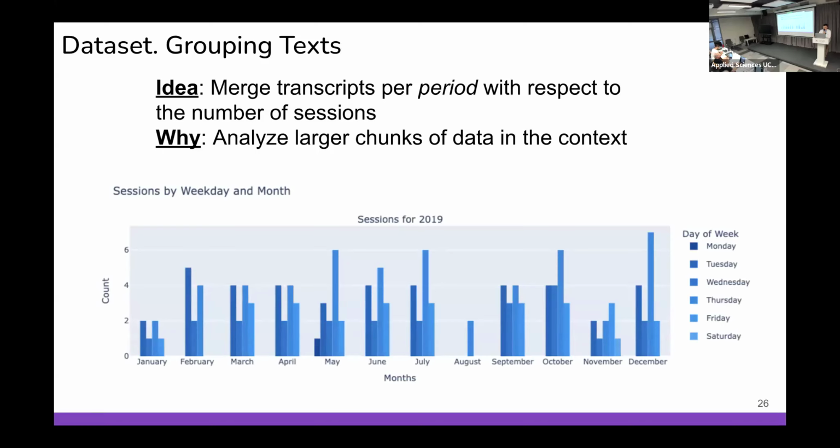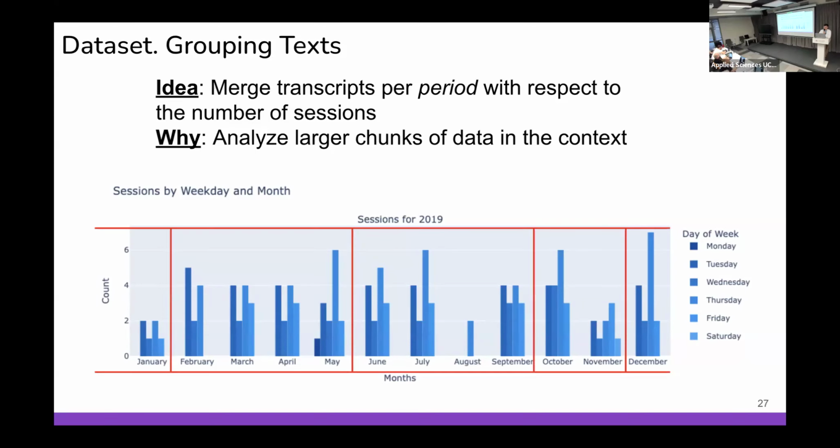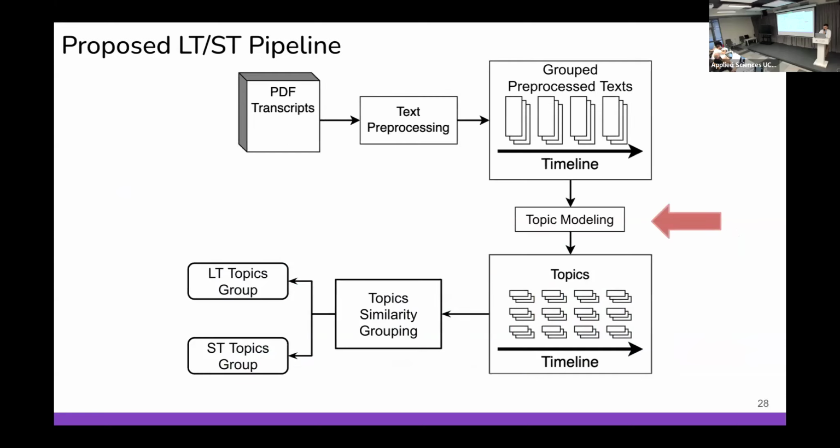And for example, in December, it was noticeable during all years that there is a bigger number of sessions due to ending the year and trying to finish all deadlines and to accept the budget for the next year. So we divided into 4 groups, and then we are applying topic modeling.